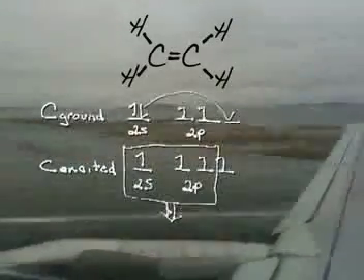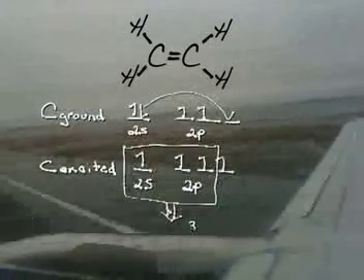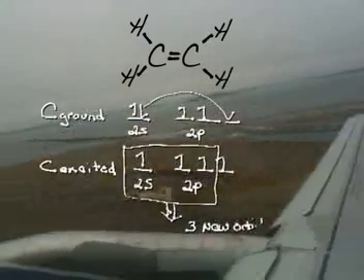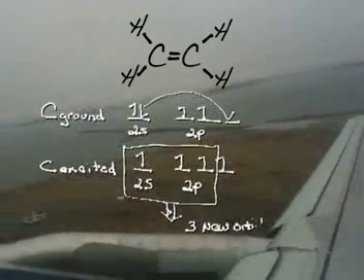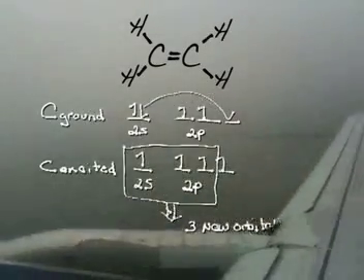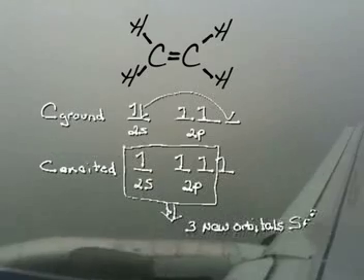We should generate 3 hybrid orbitals, 3 new orbitals. We're going to call those sp2. And recall that the angle up there is close to 120 degrees.